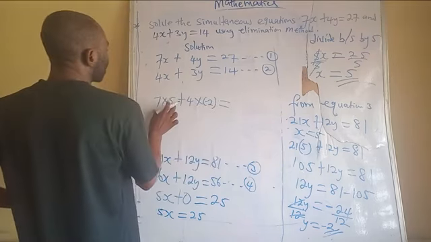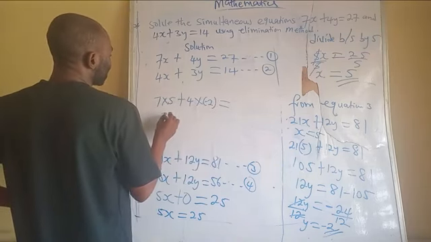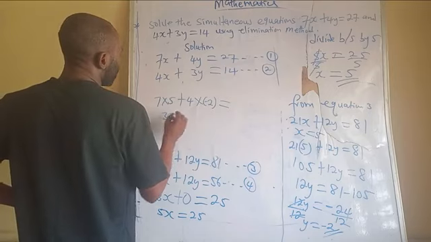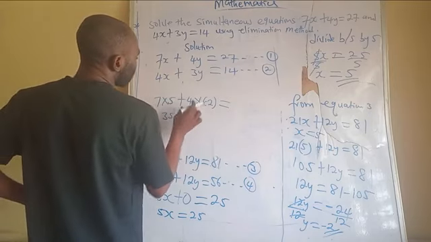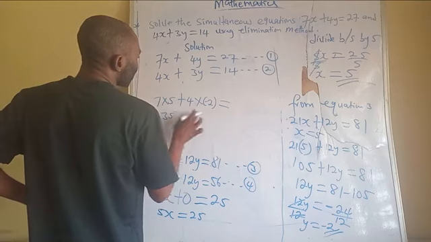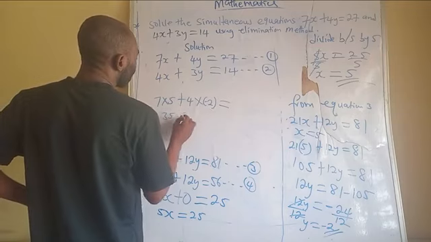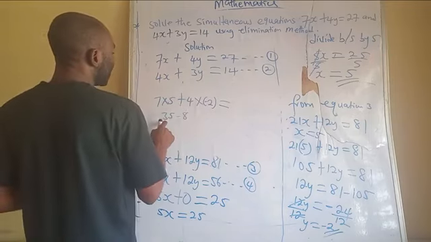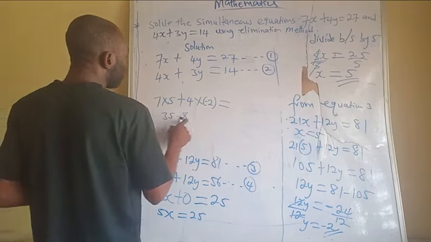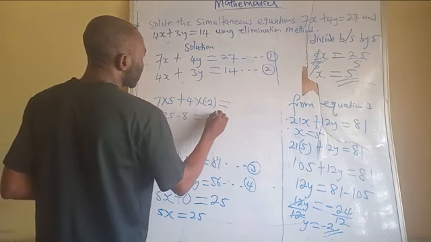This 7 times 5 is 35 plus. So now this minus sign will overcome this plus sign. That will give us minus 8. And 35 minus 8 will give us 27.